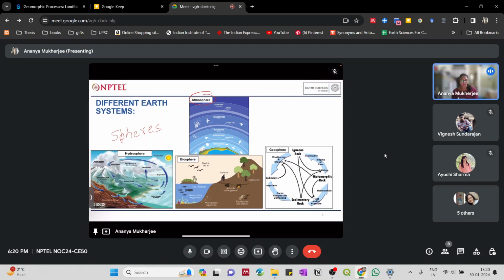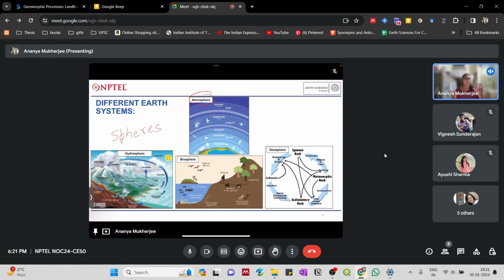Then you have the hydrosphere. Most of us have studied the hydrological cycle in our schooling. We have evaporation from the water bodies. Then it goes into the atmosphere and forms the clouds.